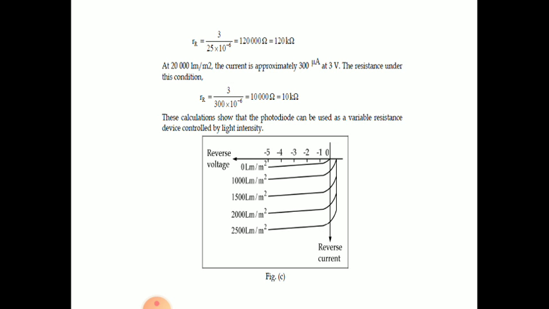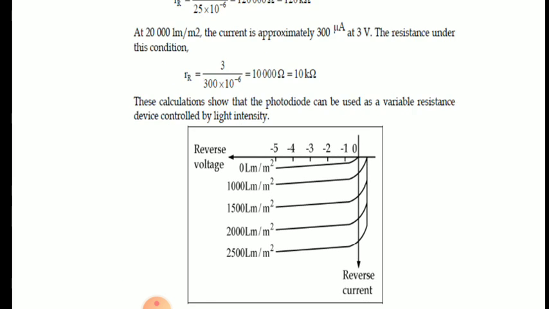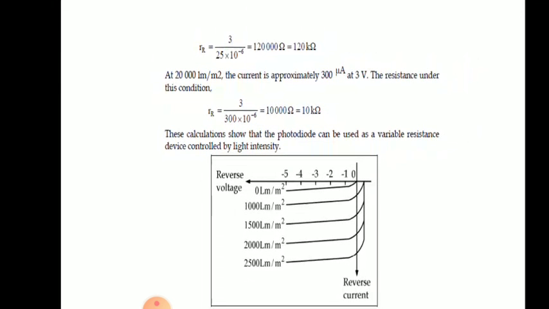So if you want to see the characteristics, observe the curve. The curves are drawn in the third quadrant, that is the reverse bias characteristics. Unlike the normal diode, they have drawn the characteristics of this photodiode where it will be working in the reverse bias condition.